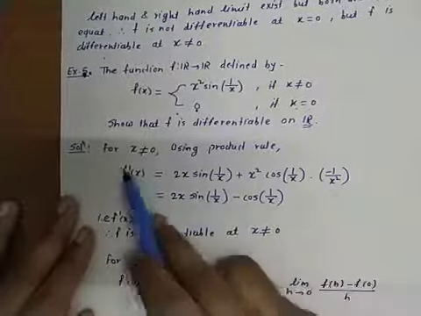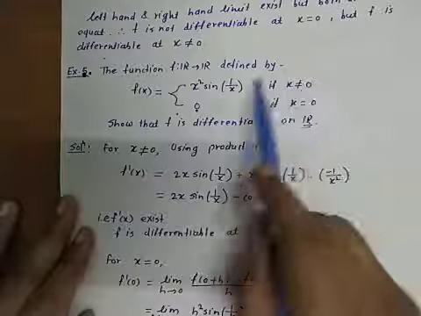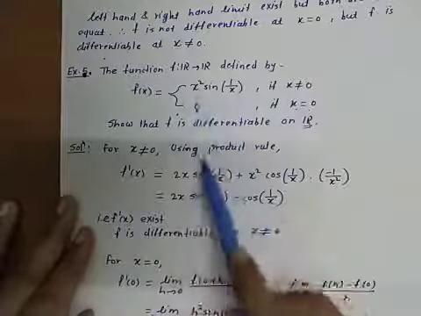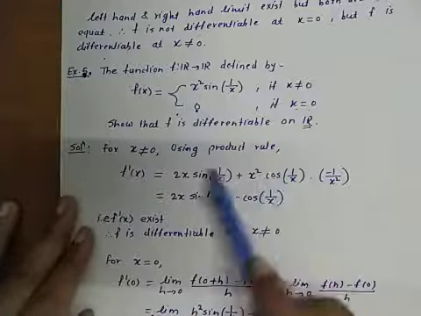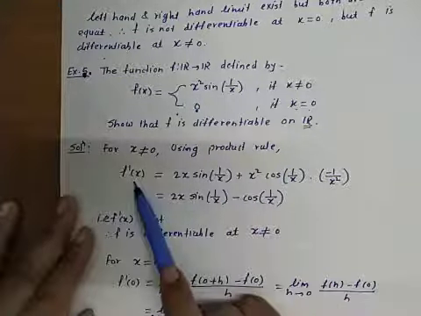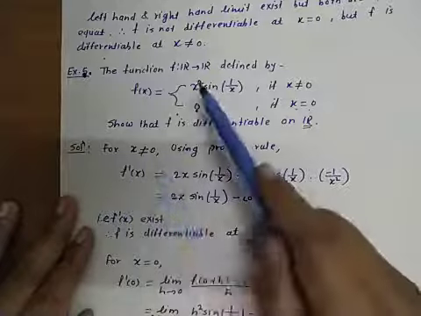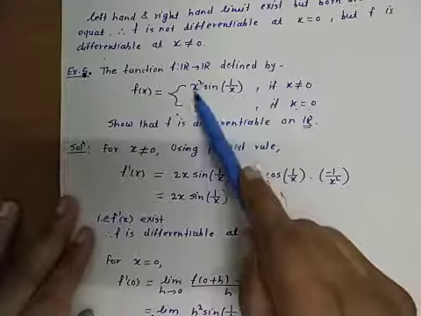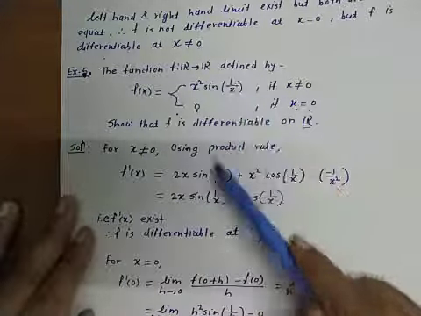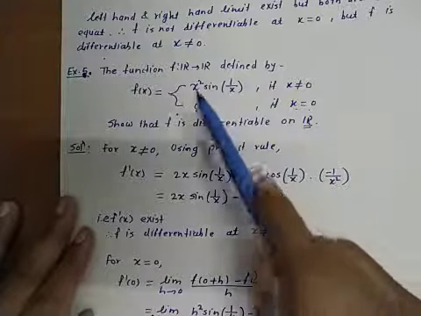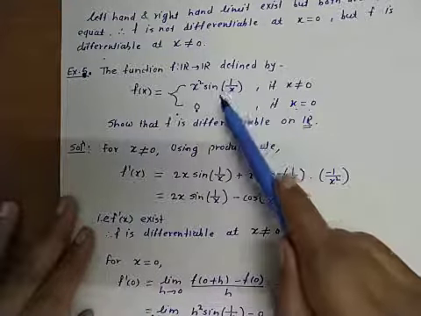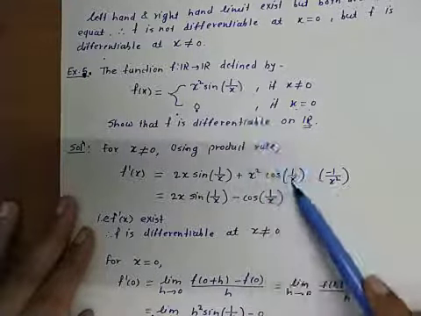Now, for non-zero x, this is the value of the function, so we will use the product rule for differentiability. What will be f dash of x? We know the u into v rule. So x square, derivative of x square is 2x, sine 1 upon x as it is, plus x square as it is, derivative of sine 1 upon x is cos 1 upon x.